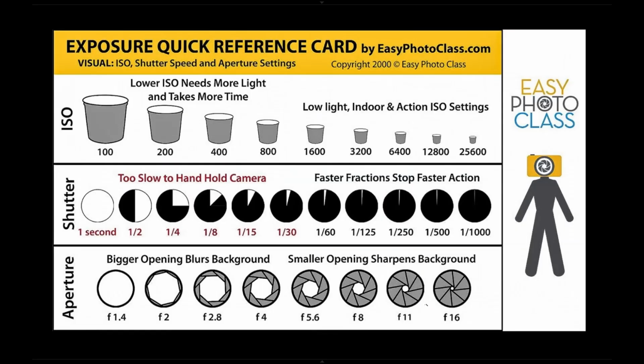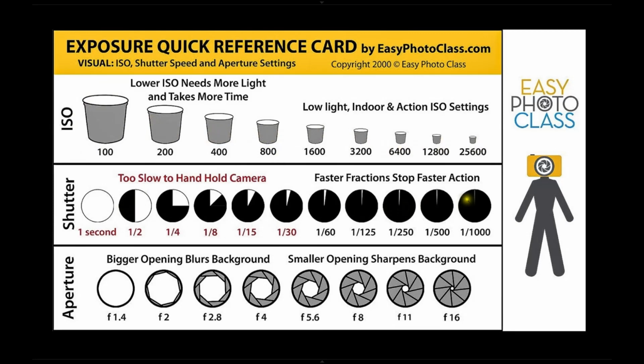So let's now look at another way to have a look at that, and this is from another website that I borrowed this image from. If we take the ISO as being like a bucket that we need to fill with water, each time we change the ISO sensitivity from 100 to 200, the bucket gets smaller. We need less light to make the same exposure.